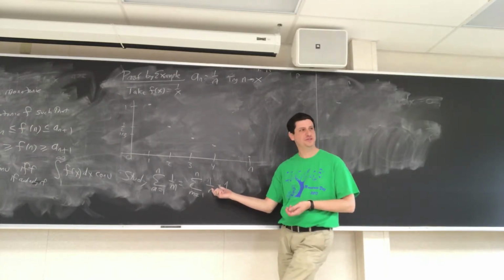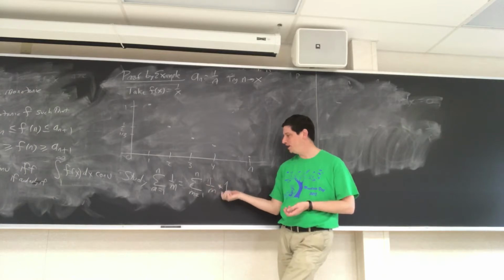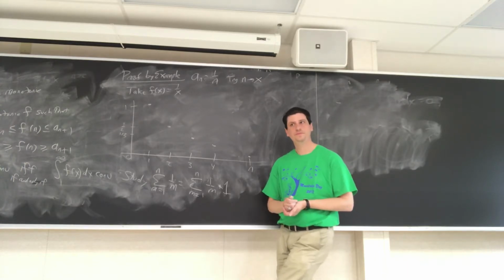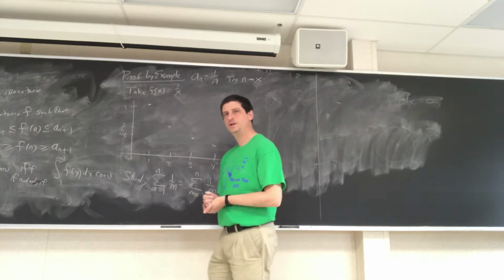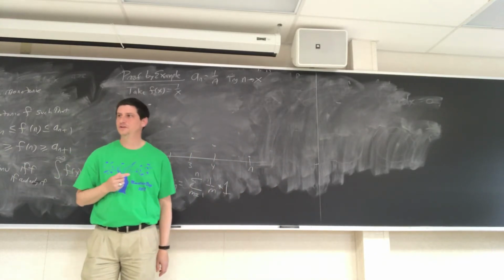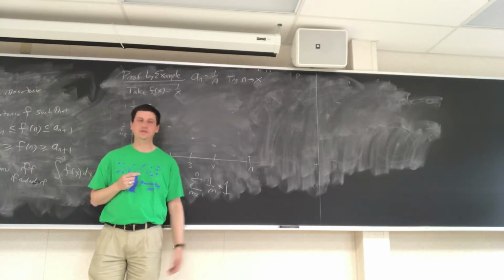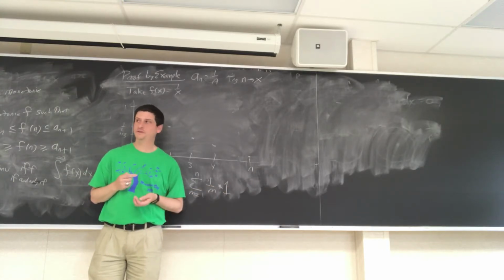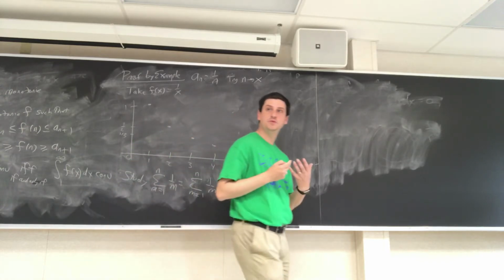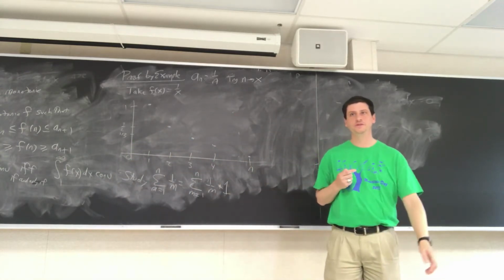How can I interpret this? Can you give me a geometric interpretation of 1 over m times 1, in terms of an area, which we've seen earlier today? This would be the area of what object?